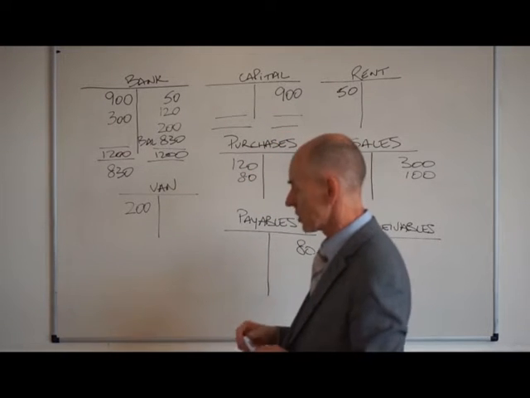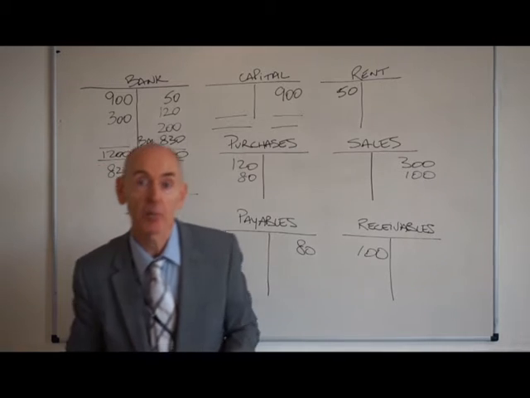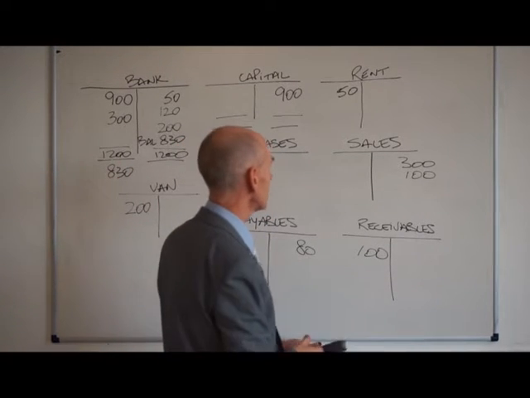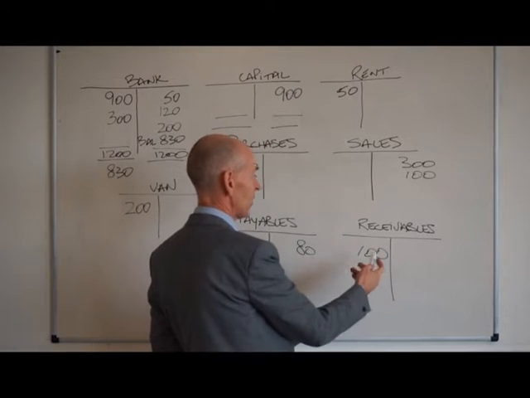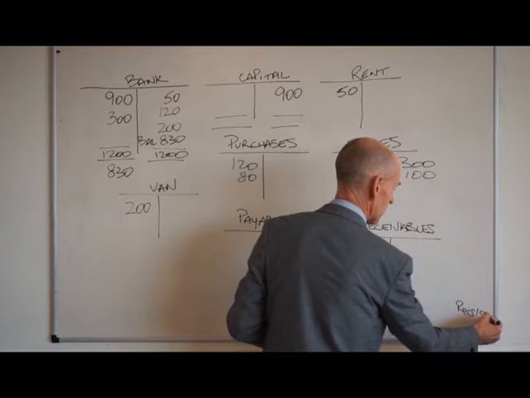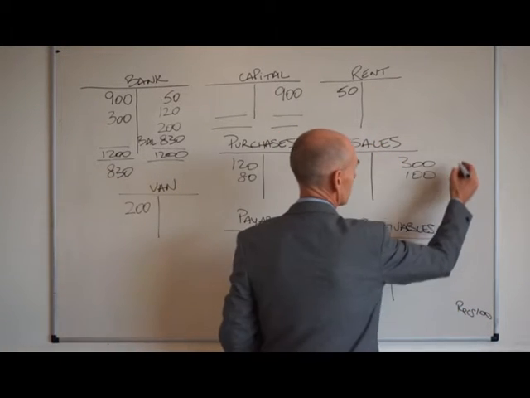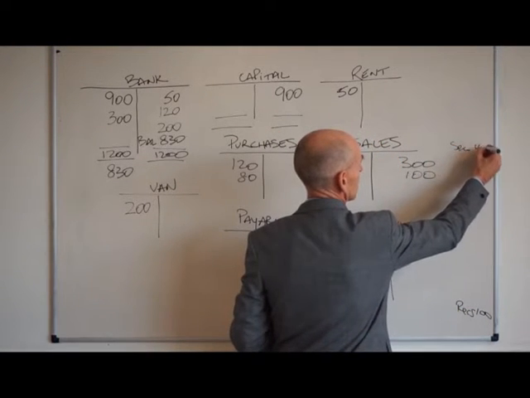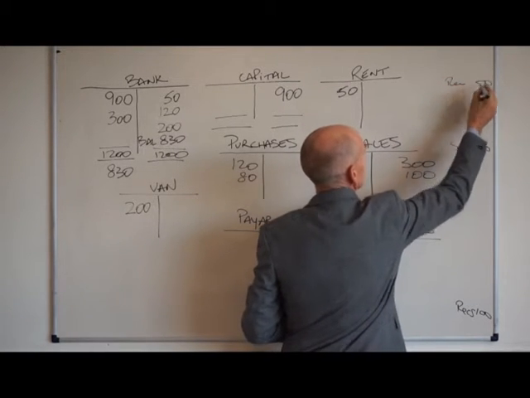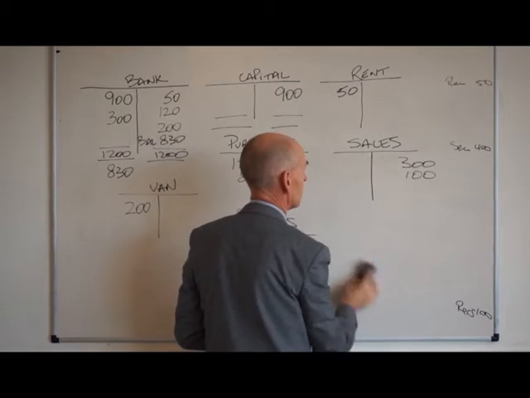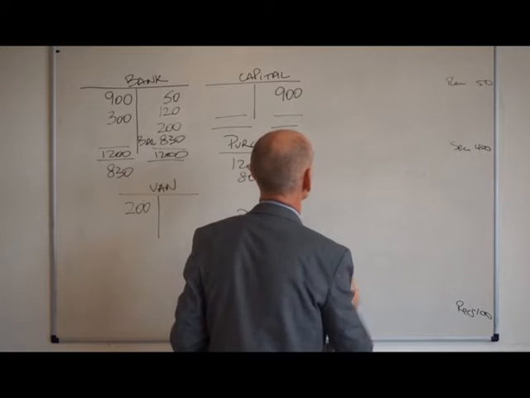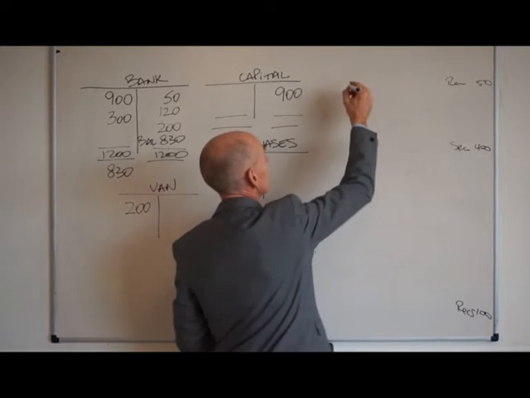Now, what I'm going to do is create the trial balance very briefly, and we can see if we're balancing. So I'm just going to remind myself what the balances are. We can see receivables is 100. Sales is 400. Rent is 50. So I'm just going to rub these out to enable my trial balance to work. Then I'm going to list the accounts. It doesn't matter which order.